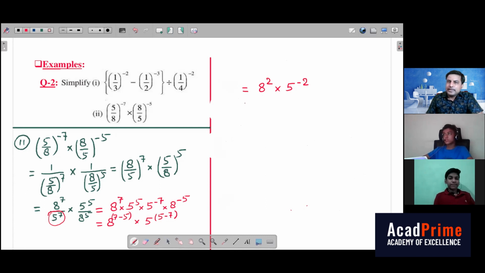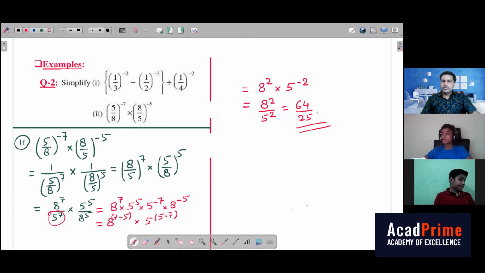Then we can write it as 8 raised to the power 2 divided by 5 raised to the power 2, and this can be written as 64 divided by 25. This will be your answer. I think this will be clear to you. Yes, sir. Siddharth, is it clear? Yeah, it is clear.